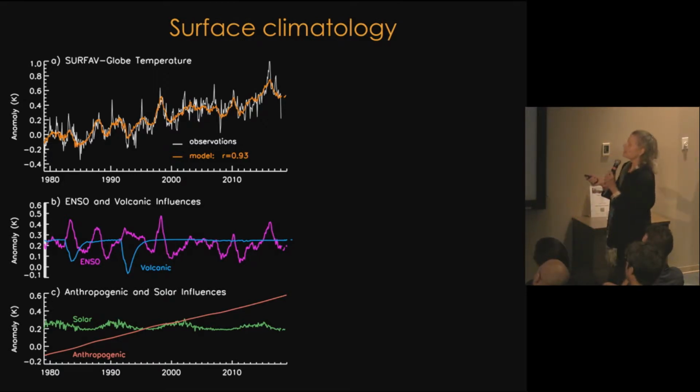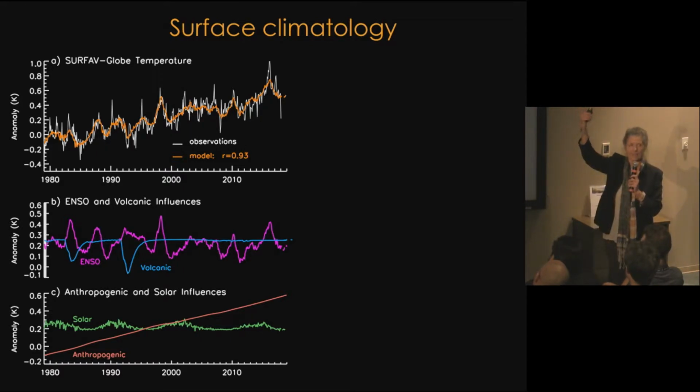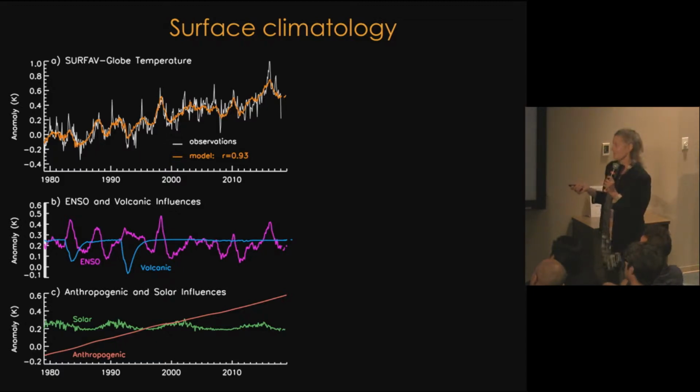Okay, so I'm going to go through and show you, for the surface, the ozone layer, and the upper atmosphere, a decomposition of the time series in terms of what we think is causing them to vary. In other words, getting to the causes of the climatology in the past, and we can only really talk about the past three or four decades in some cases, or longer in terms of surface climate.